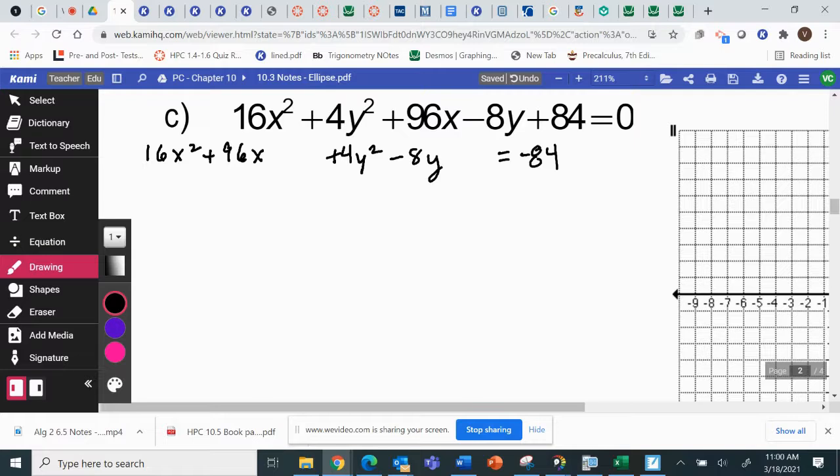Can I complete my square with 16x squared plus 96x as is? What do I have to do, Lydia, to complete the square with the 16x squared plus 96x first? I need to factor out that 16.